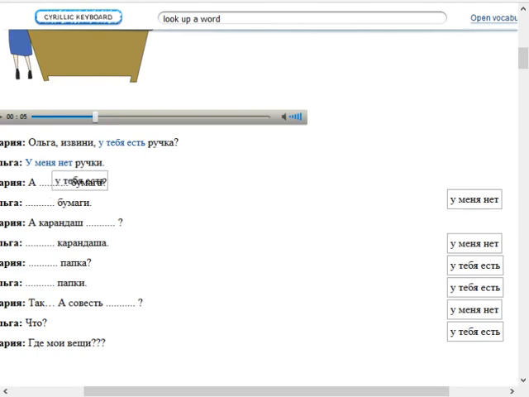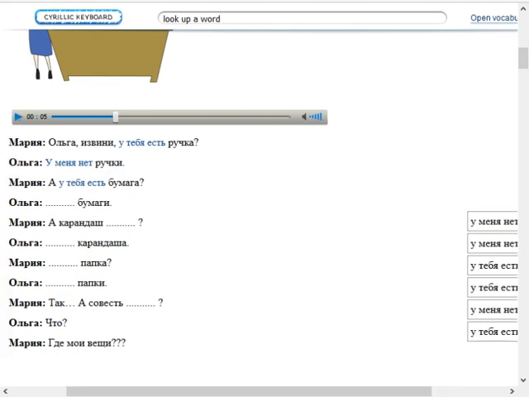У тебя есть бумага? And she replies, У меня нет бумаги. Okay, let's just take a pause and let me check what is bumaga and bumagi, and what's the difference. I want to make sure that I get this one correct and I'm not leading viewers astray with this.